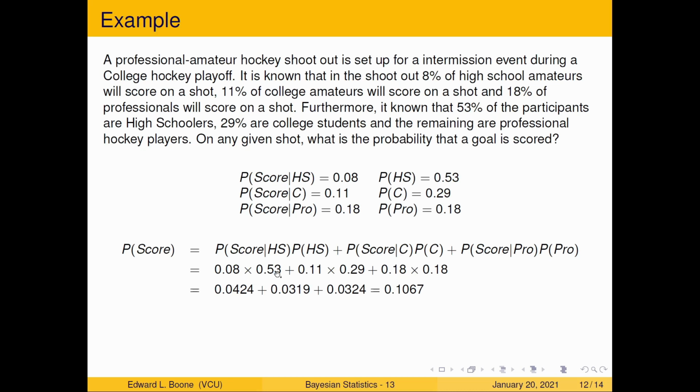So you just plug in the numbers we had above: 0.08 times 0.53 plus 0.11 times 0.29 plus 0.18 times 0.18, and you do all the math, and you end up with 0.1067. So on any given shot, there's a probability of 0.1067 that a goal will be scored. So a little above 10%, which is probably not what you would have guessed based on looking at the numbers.